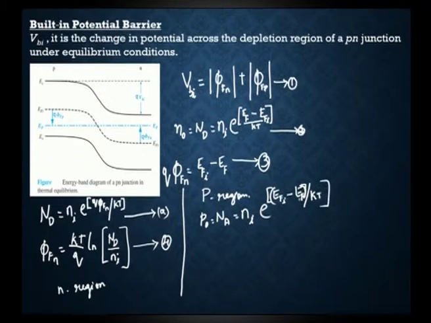Here is where it differs: in the N region it was EF minus EFi, and here it is EFi minus EF. So, this is the concentration of holes in the P region.